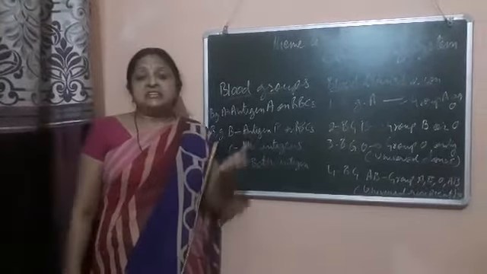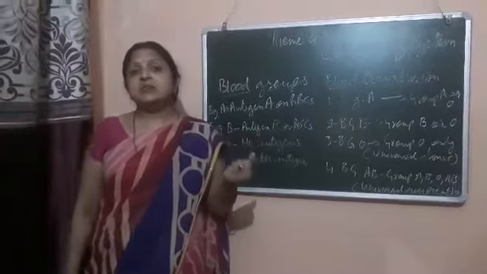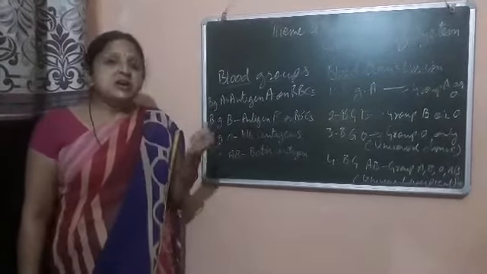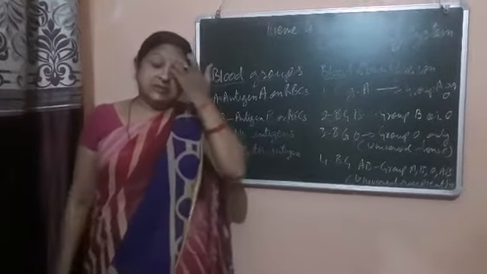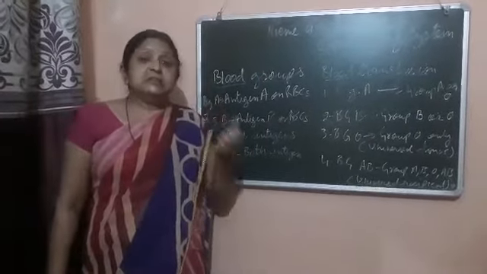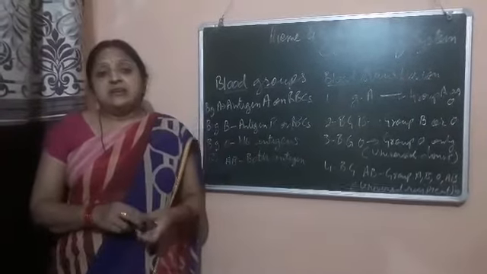The transfer of blood from one person to another person is called blood transfusion. There is a need for blood transfusion when an injury or any such emergency is seen.